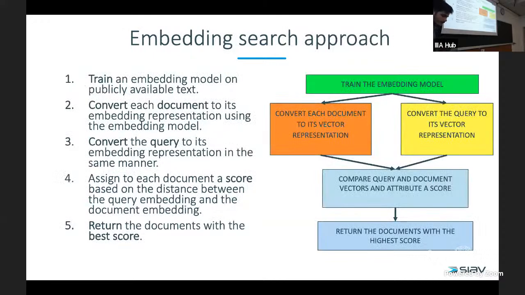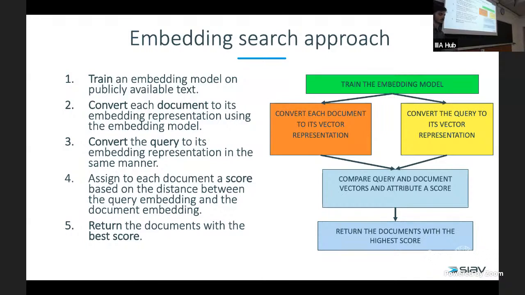And we know then that we have these dense vectors that are able to represent the concept of a sentence or of the words. The way we can use them for a query is by following this pipeline. The first step is to train our embedding model on either some publicly available text or the text given by our customer, or another very common option is to just download a pre-trained word embedding model.